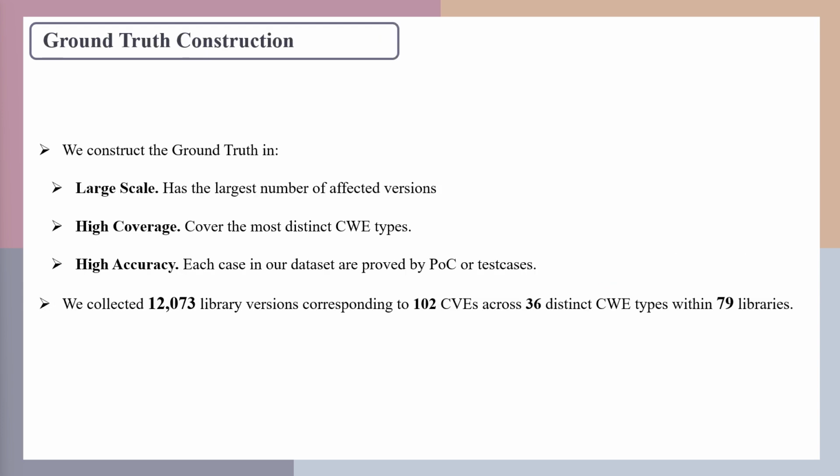To evaluate Vision, we constructed a large-scale database with high coverage and accuracy. It contains 12,073 library versions corresponding to 102 CVEs across 36 distinct CWE types within 79 libraries.